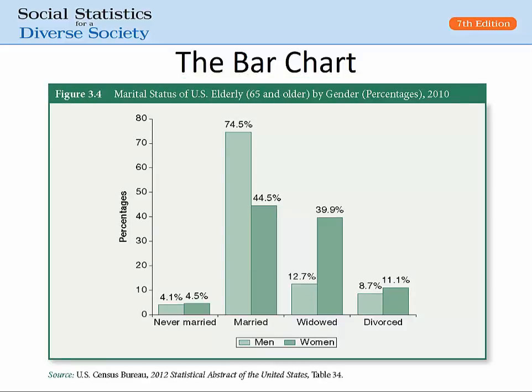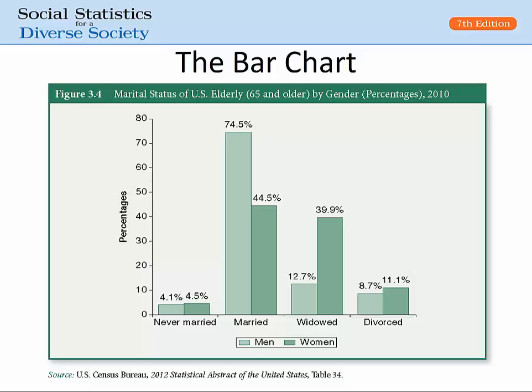And we can also show, bar charts can also show groups together or subgroups. And so in this case, we still have the marital status by major groups. So whether they're never married, married, widowed, or divorced, those are the main categories along the bottom. But then they're subdivided into men and women. And so there's 2 bars in the never married category.